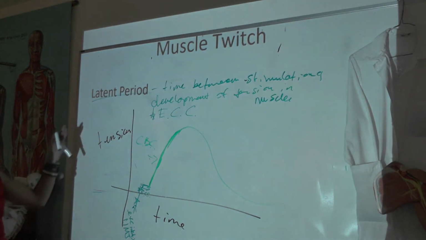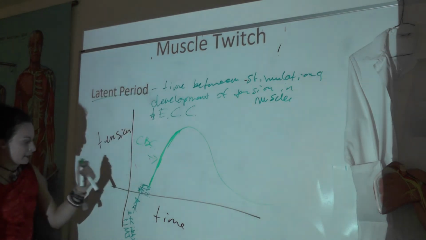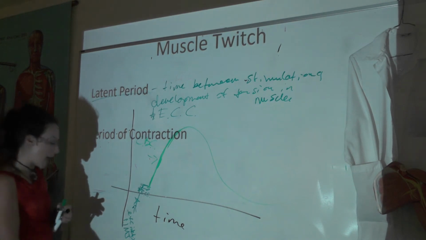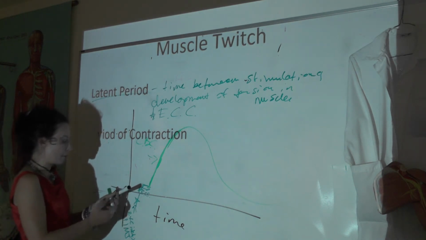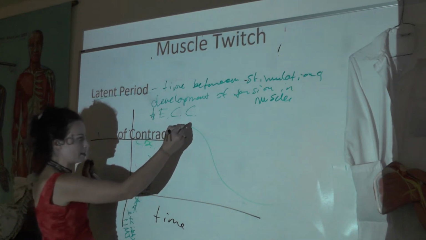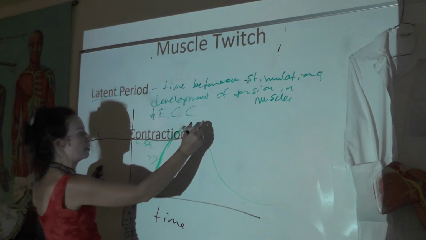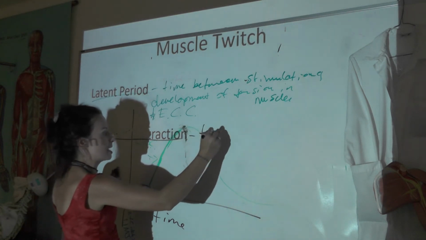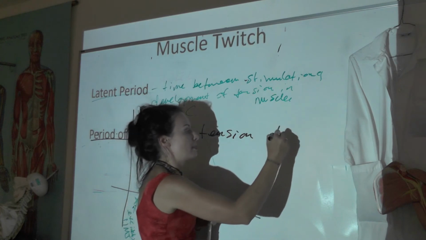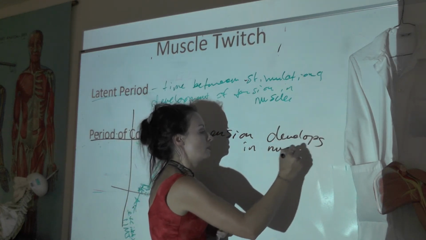So the latent period occurs when I am doing excitation-contraction coupling. Then I have my period of contraction, which is all this time during which tension develops in the muscle.